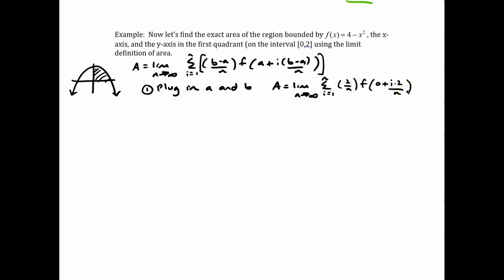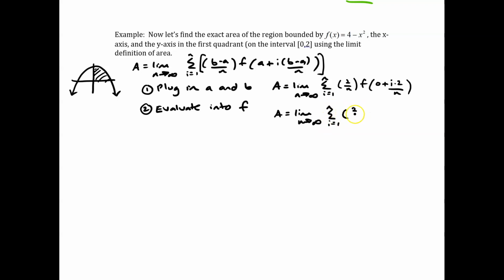Okay. Step 2, we are going to evaluate into the f function. Basically, we need to evaluate f of 2i over n. And so we're going to get A is equal to limit n is going to infinity, summation, i is going 1 to n.